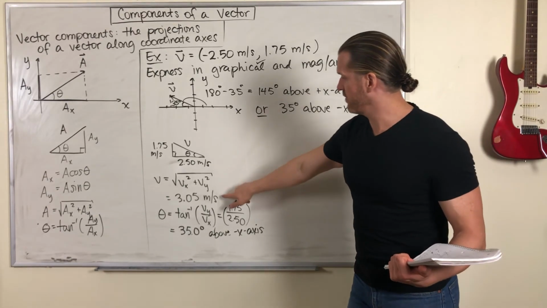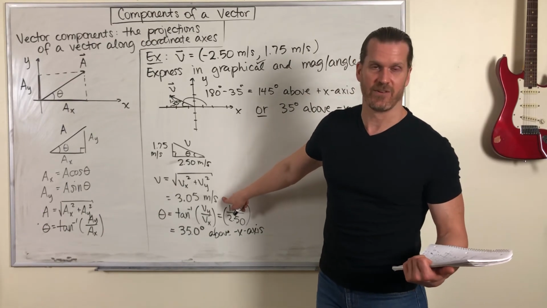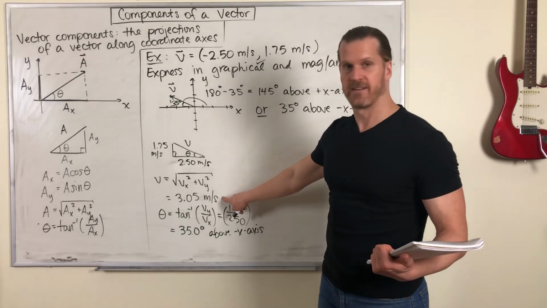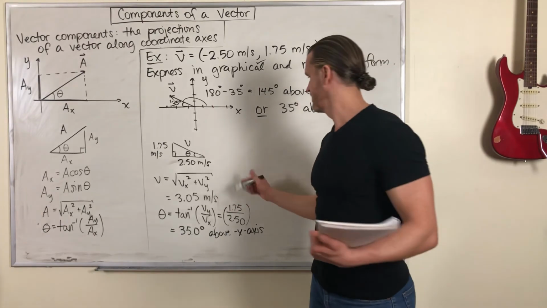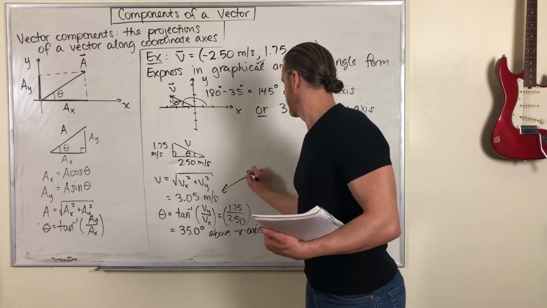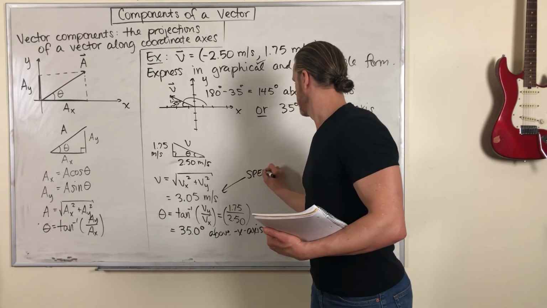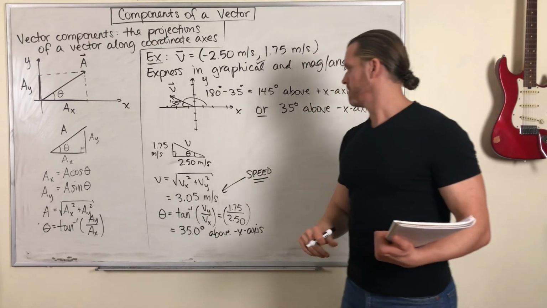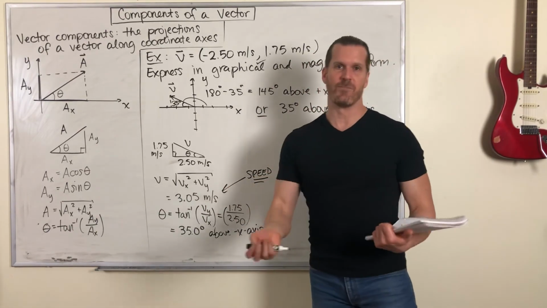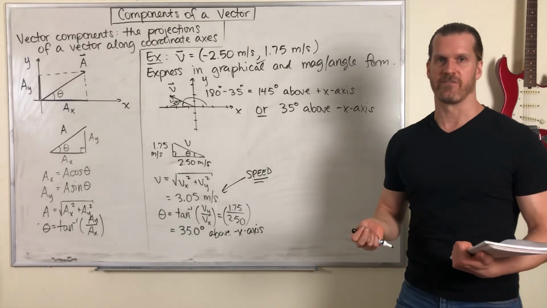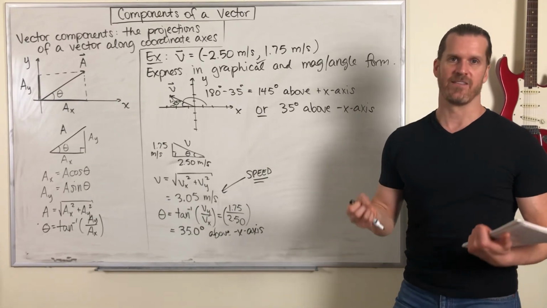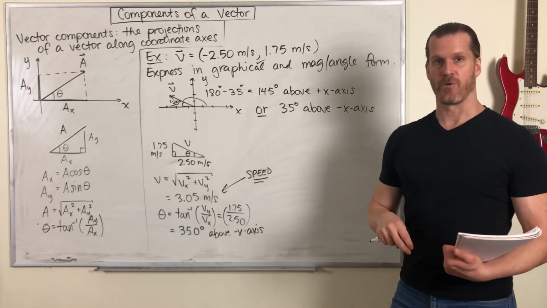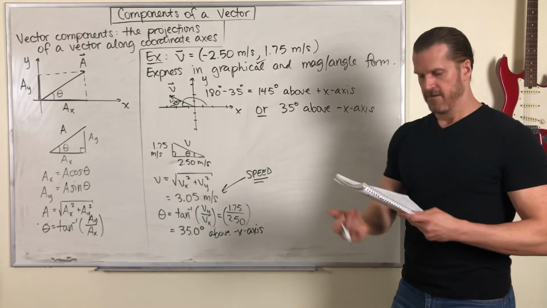Notice when you calculate the magnitude or the length of that velocity vector, you get the speed. The speed is the magnitude of the velocity vector. It's the thing you get in that magnitude angle form.